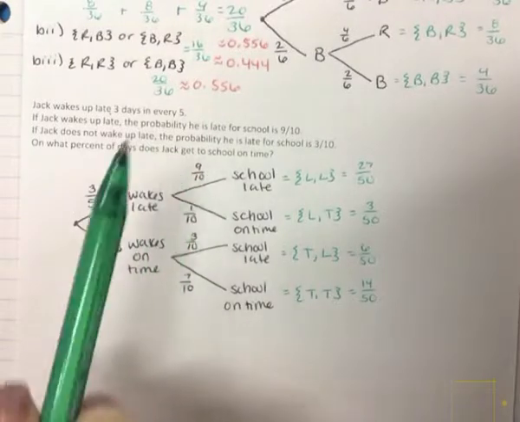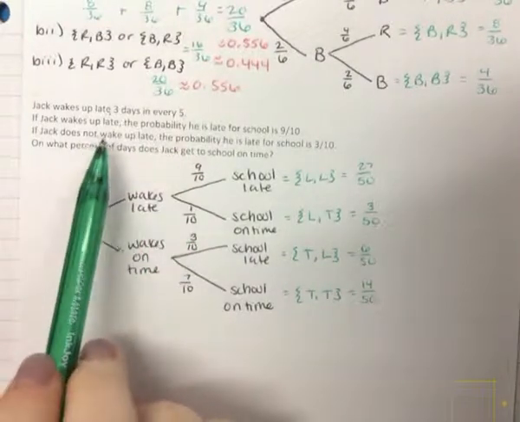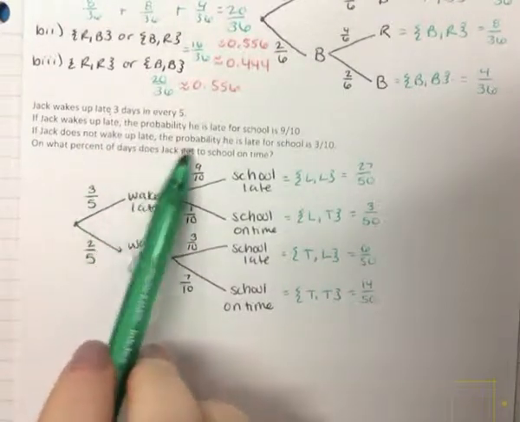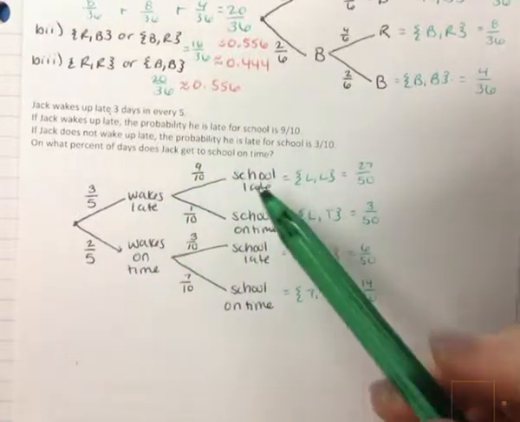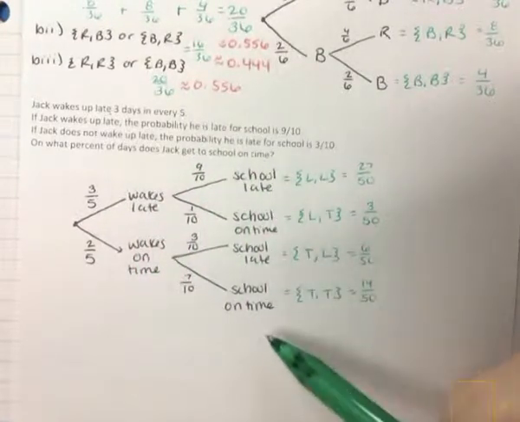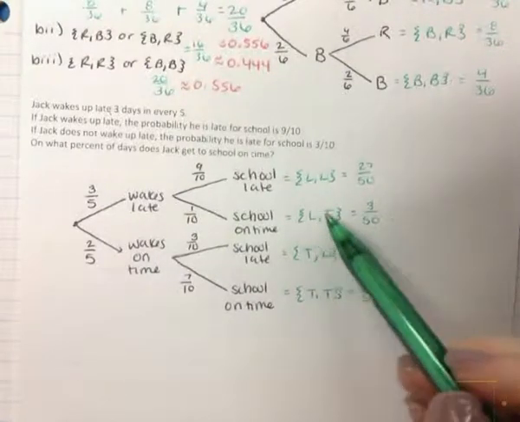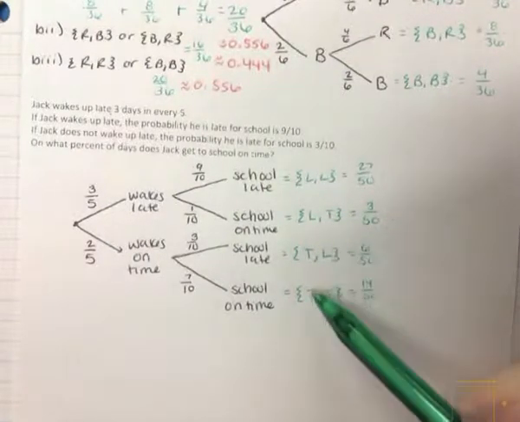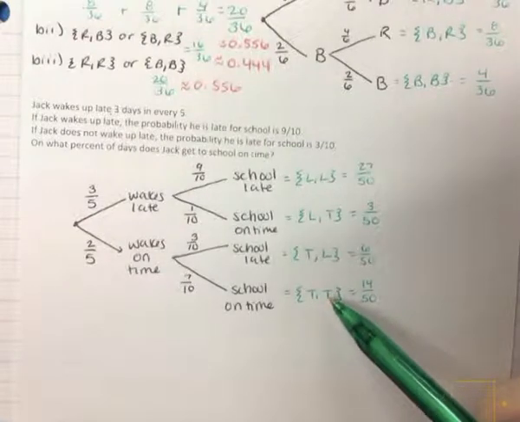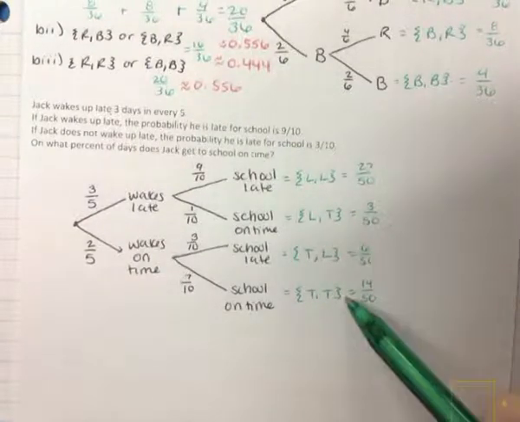Now we can go and answer the question. On what percent of days does Jack get to school on time? So we're focusing on the second column. We want on time. So we want if he wakes up late but gets to school on time, and if he wakes up on time and gets to school on time. So we would focus on both of these.